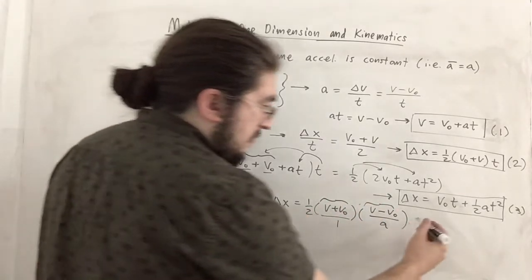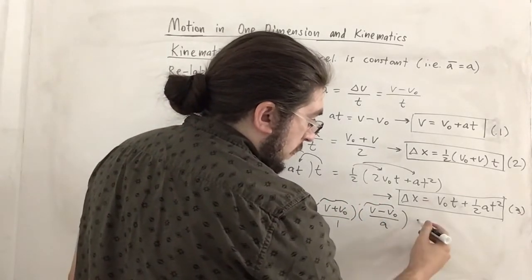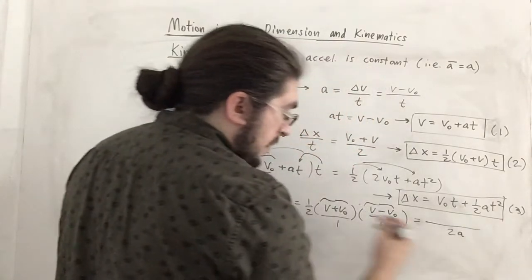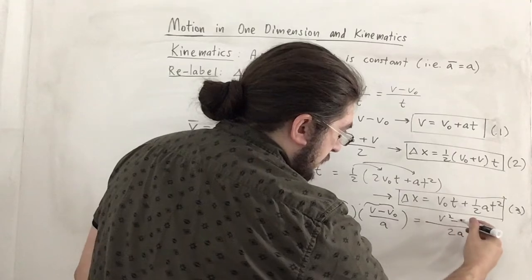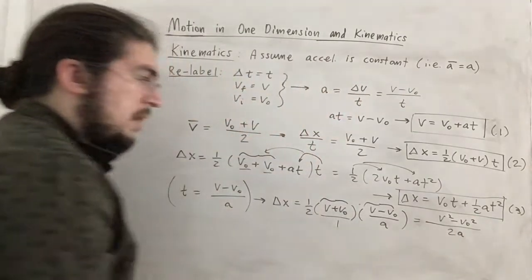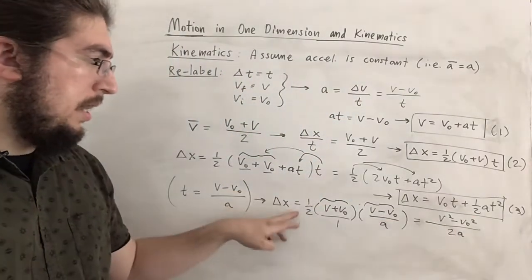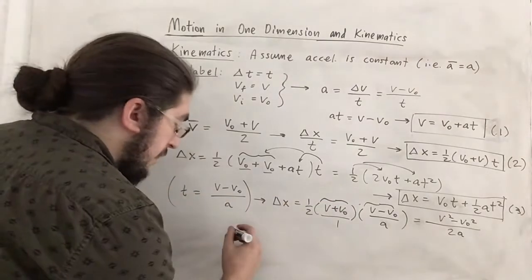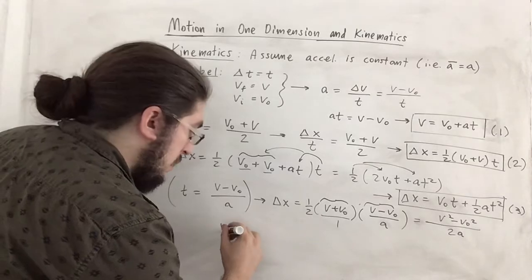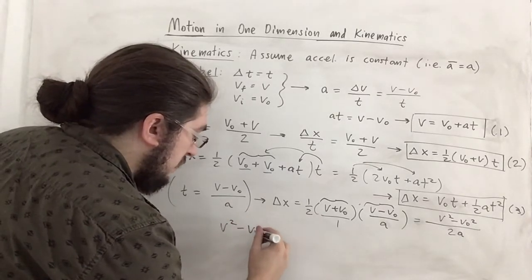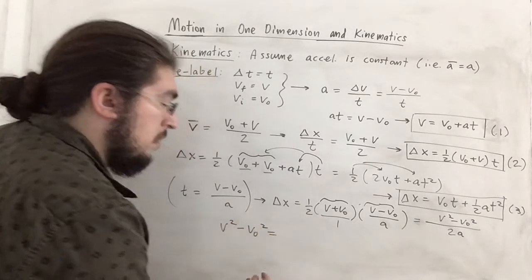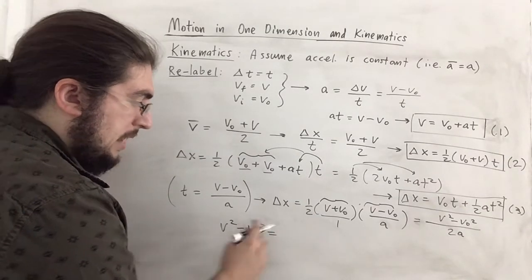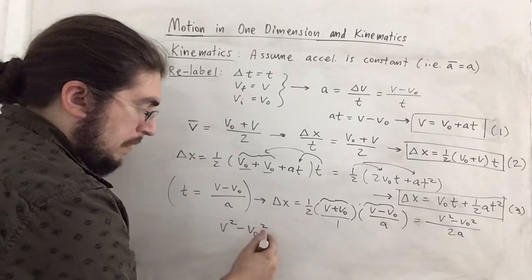We have the 1/2 in front. Altogether, we get that this is equal to v squared minus v naught squared all over 2a. And then finally, multiplying both sides by 2a gives us v squared minus v naught squared is equal to 2a delta x. But then if we add this to that side, maybe this will look a little better.